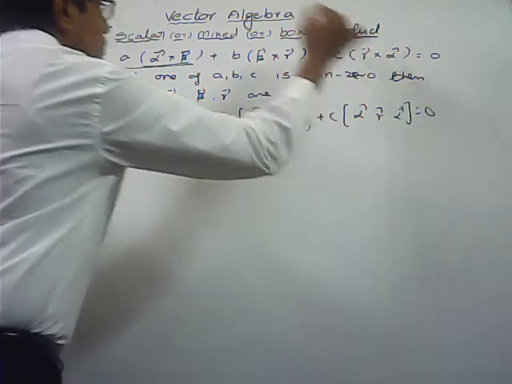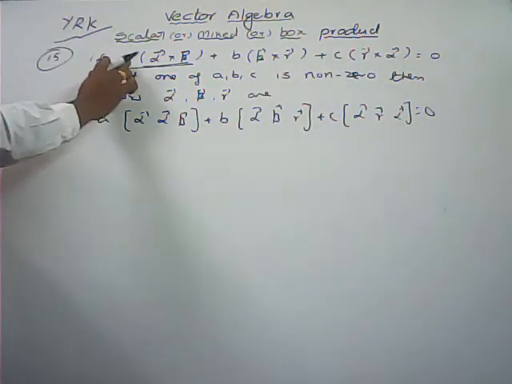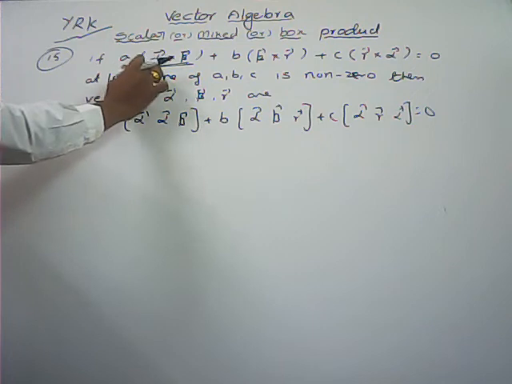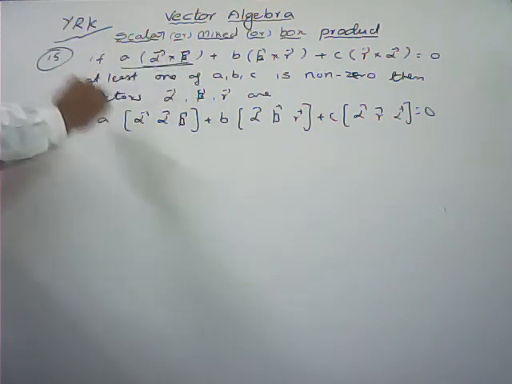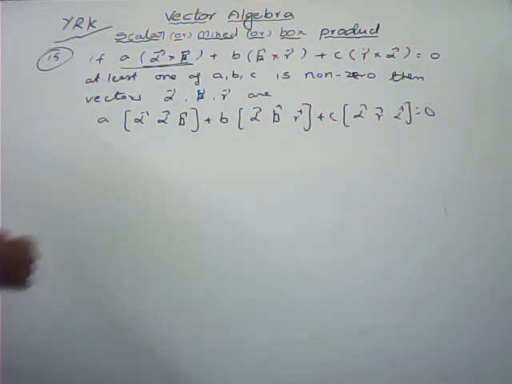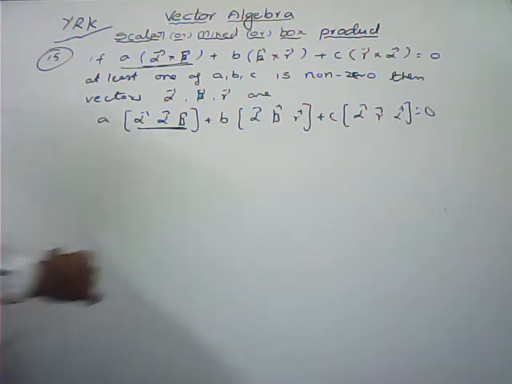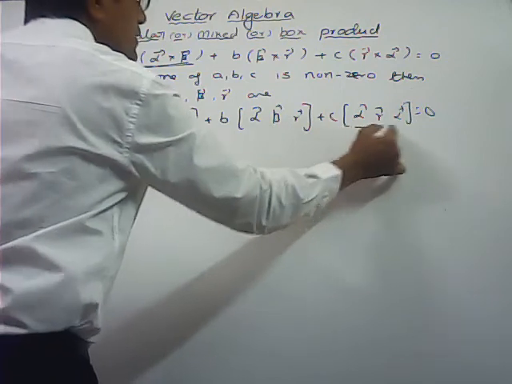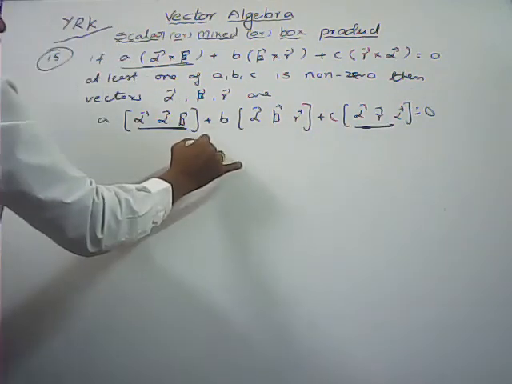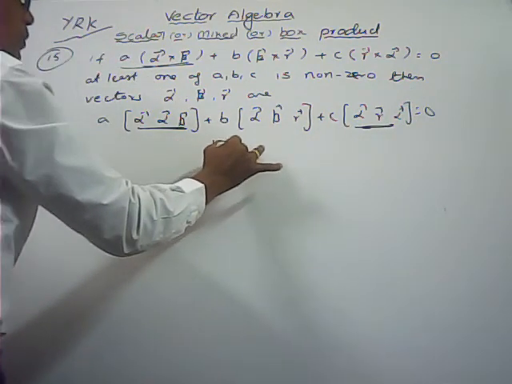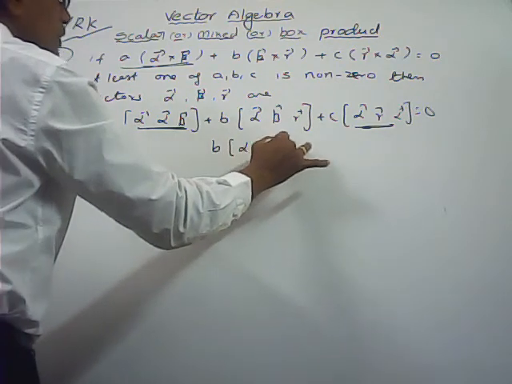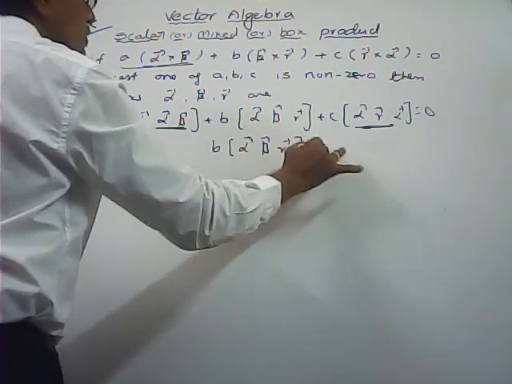That is nothing but box ABC, and if any two are equal, its box is equal to 0, so this is also 0 only. So here what we are getting: B into box alpha beta gamma is equal to 0.